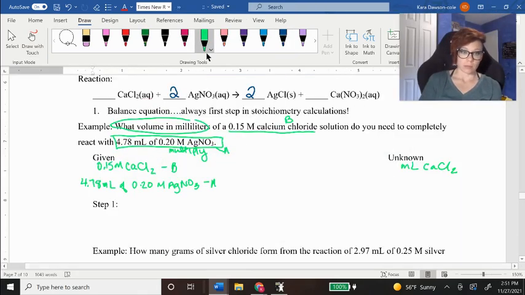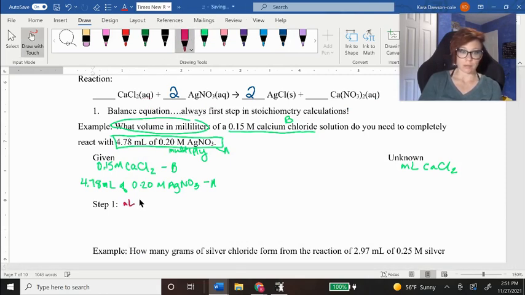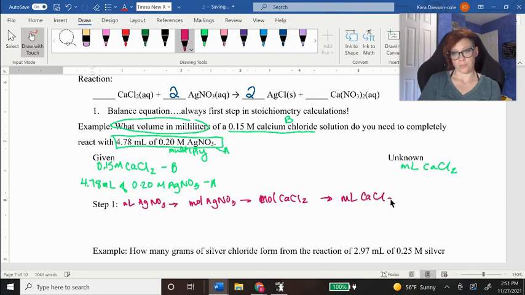Okay, so I need to go from milliliters of AgNO3 to moles of AgNO3 to moles of CaCl2 to milliliters of CaCl2.